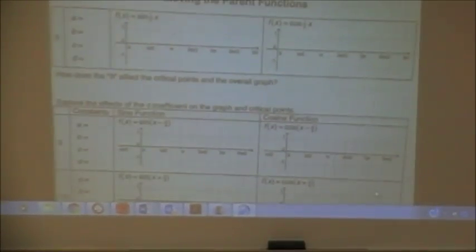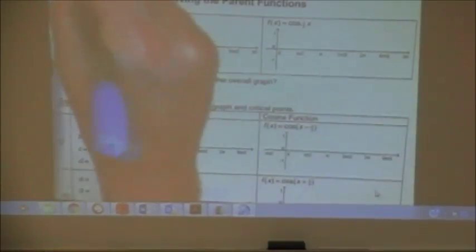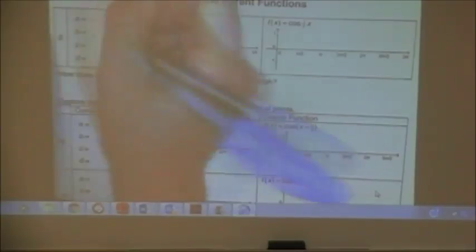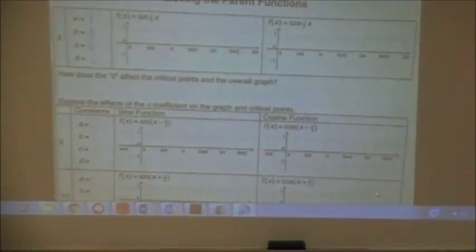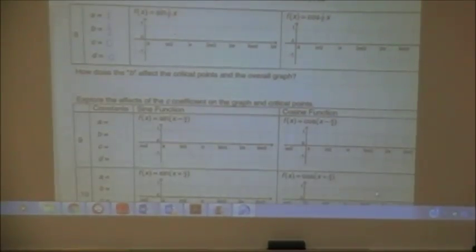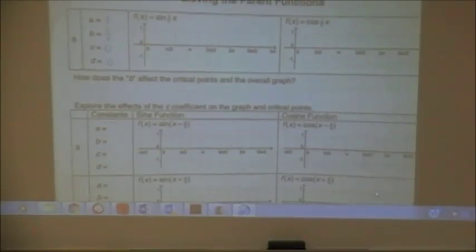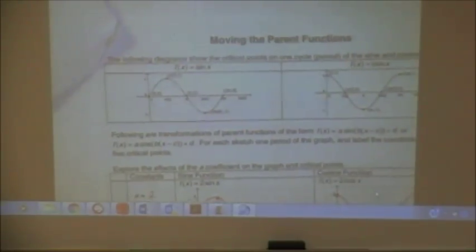Okay, so now the A value this time is 1, B value is a half, no C, no D. Okay, so a half looks like divide by 2. But instead of dividing by 2, this time we're going to multiply by 2. So (0, 0) is not going to change.